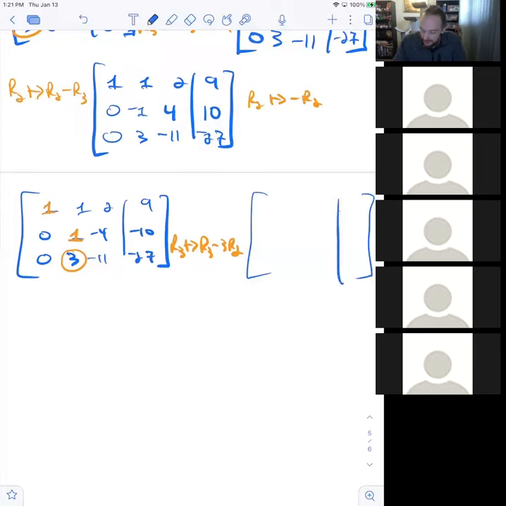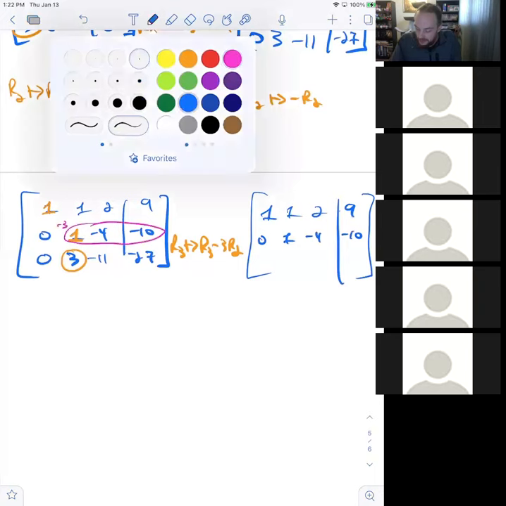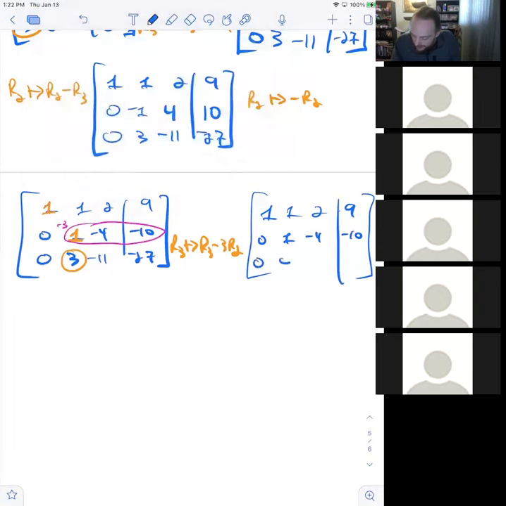That augmented matrix is going to be 1, 1, 2, 9, 0, 1, -4, -10. And then I'm multiplying by -3 in this whole row. So I'm going to get 0, 3 minus 3 is 0, -11 plus 12 is 1, and then -27 plus 30 is 3.